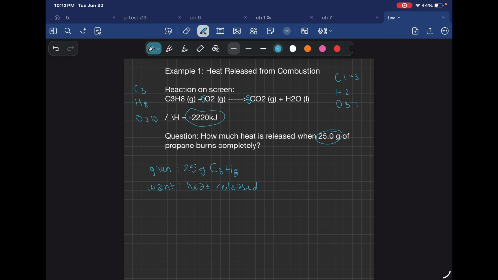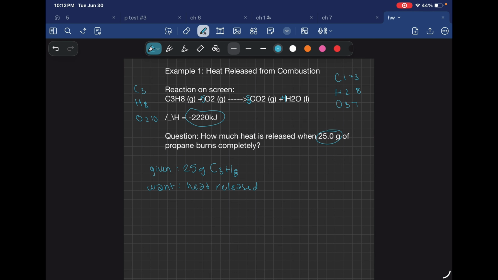Now let's go down and balance the H. To balance this H, we have to have 4. Let's put 4 H's, and that gives us 8. So now we have 3 C's and 8 H's.